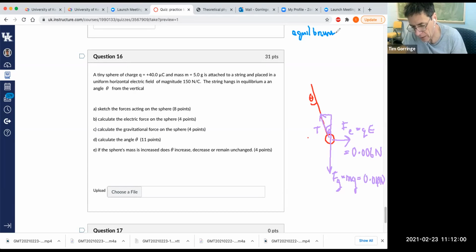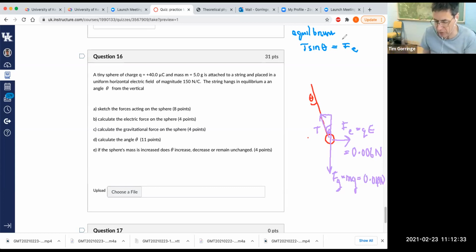In the horizontal direction, there's a balance between tension to the left and the electrical force to the right. And so I'm just going to write down the relationships between the magnitudes of the tension and the electrical force based on that balance. So here's the magnitude of the tensional force to the left, and here's the magnitude of the electrical force to the right, and they must be equal in size. They're opposite in direction, but they're equal in size. So that's like equation number one.